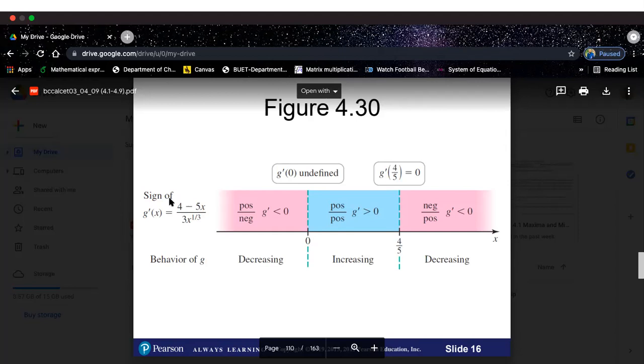Don't trust me, just cross-check by plugging in a couple of values. And if you take a positive value for x, greater than 0 and less than 4/5, both numerator and denominator will be positive. And it's going from decreasing to increasing again. So once again, we can conclude at 0 we have a local min.